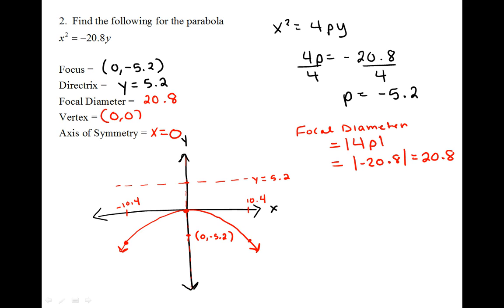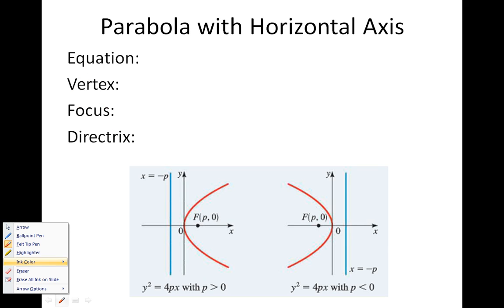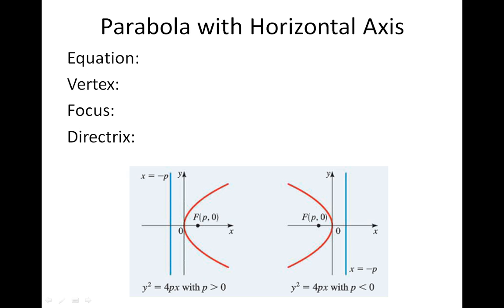All right, so now let's do two examples of a parabola that has a horizontal axis. So with this equation, notice the parabola is either opening right or left. If it's opening right, notice your focus p is going to be positive, p is greater than 0. And if it's opening to the left, p will be negative, less than 0.